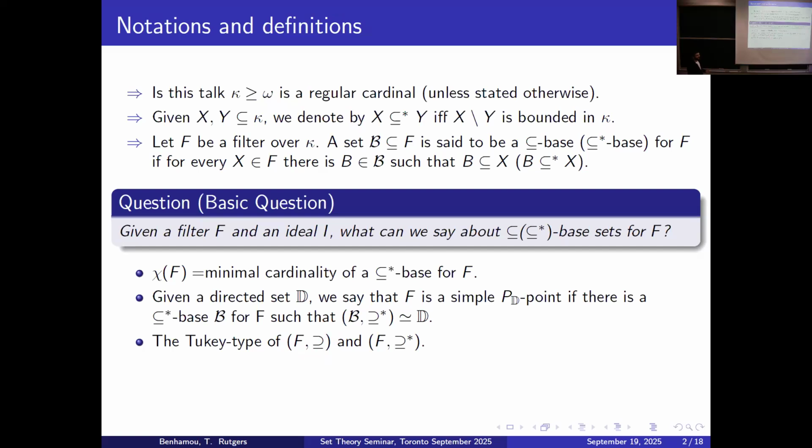Let me define what the Tukey order is and what I mean by Tukey type, and then it will make more sense. It is one way of analyzing generating sets for filters, or for posets in general. Note that I'm talking about generating sets for a filter, but I could also think about any directed set P and a cofinal set in that order.